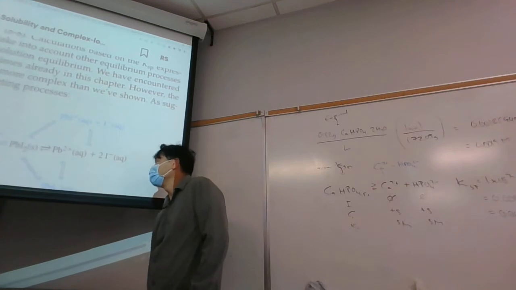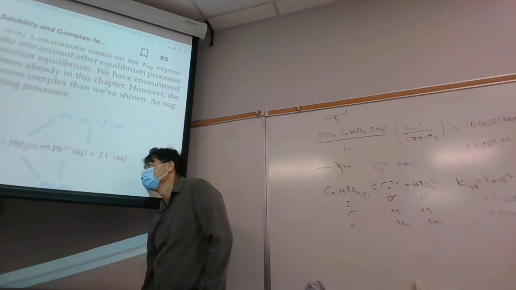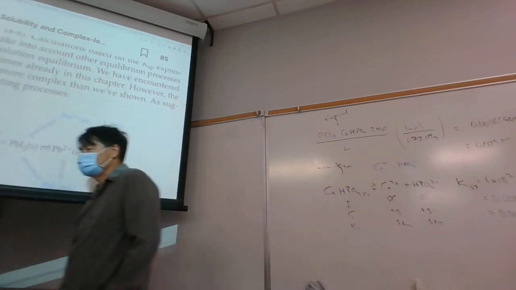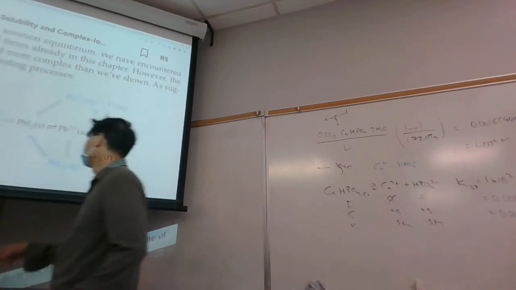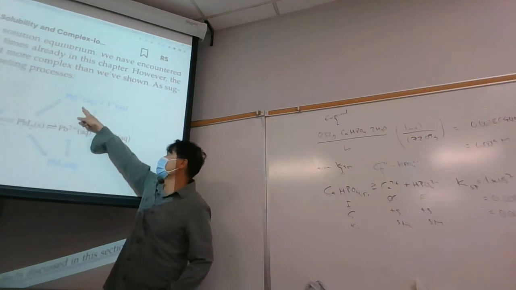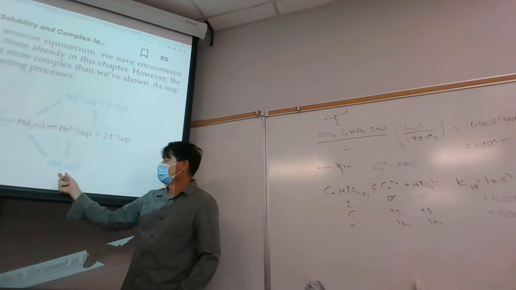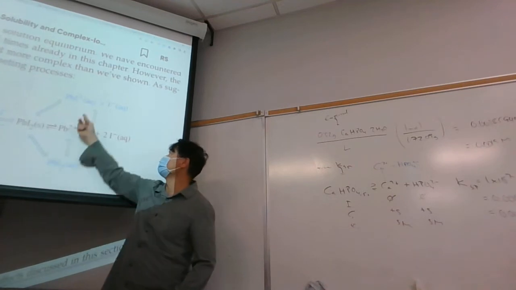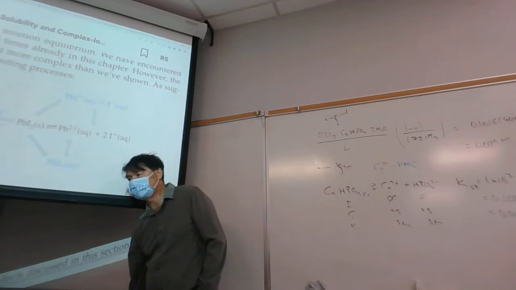But if you have an ion pair, there are more possibilities for ion pairs in this particular one than that one because of the charge. So we have this as an ion pair which forms into a neutral pair or grouping. This isn't actually a bond. This isn't actually a molecule. These are just two iodides that are kind of stuck onto the lead. You know, it's a molecule-like ion pair.